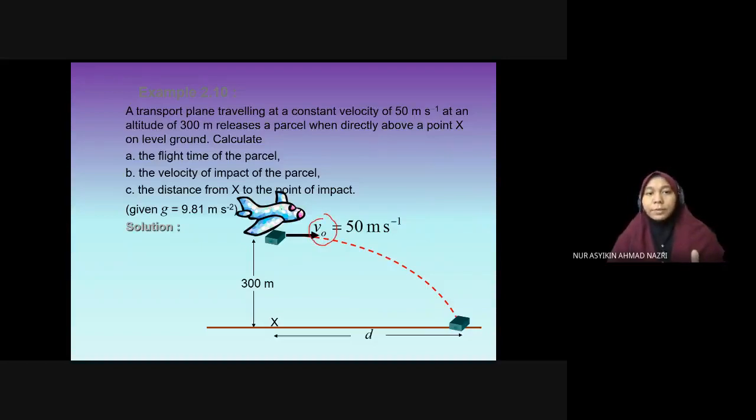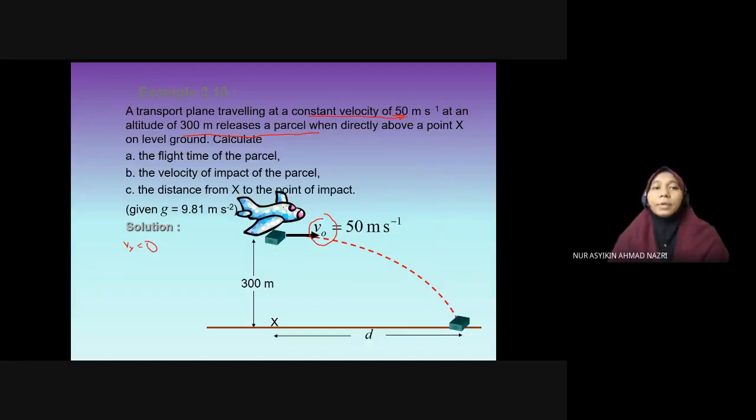Okay, so velocity of this jet ni dia kata constant velocity at an altitude 300 meter releases a parcel. So biasa student akan fikir dia jatuh bebas sedangkan dia ada acceleration, velocity. So dia takkan boleh jadi jatuh bebas sebab jatuh bebas Vs equal to 0.